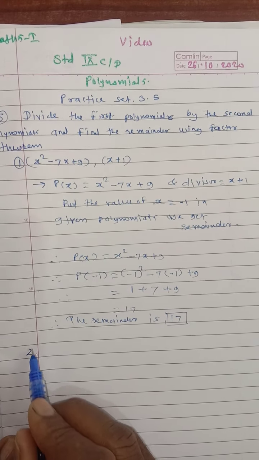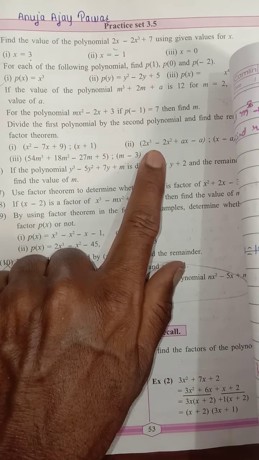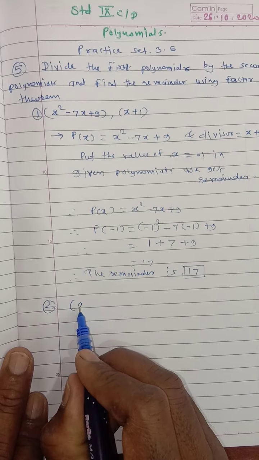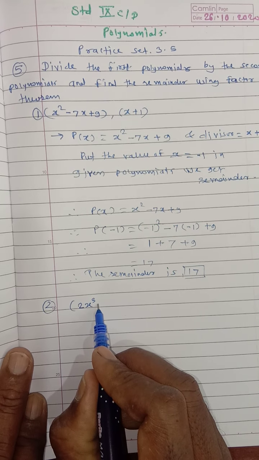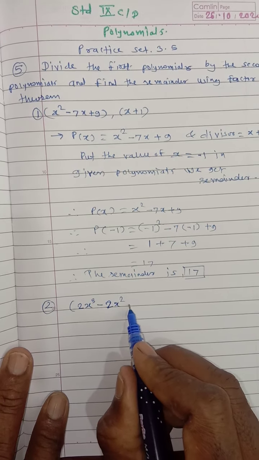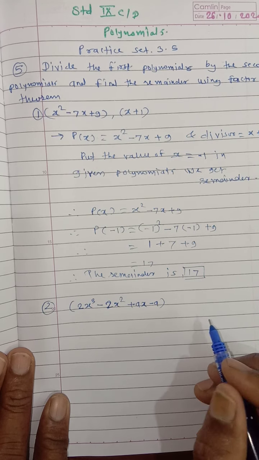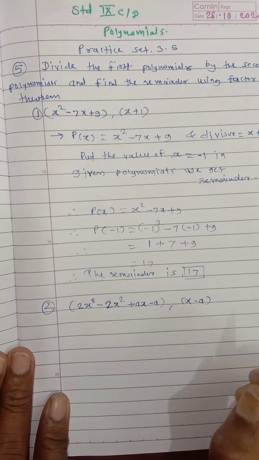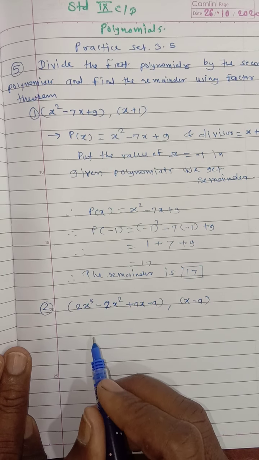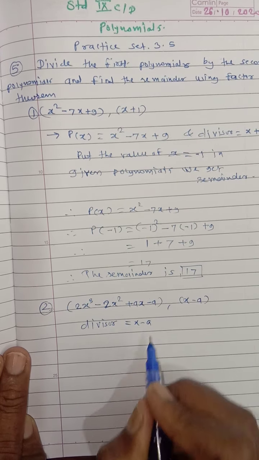This is the first example. We write the second example: in brackets 2x cube minus 2x square plus ax minus a is the dividend, and x minus a is the divisor. The divisor is equal to x minus a.